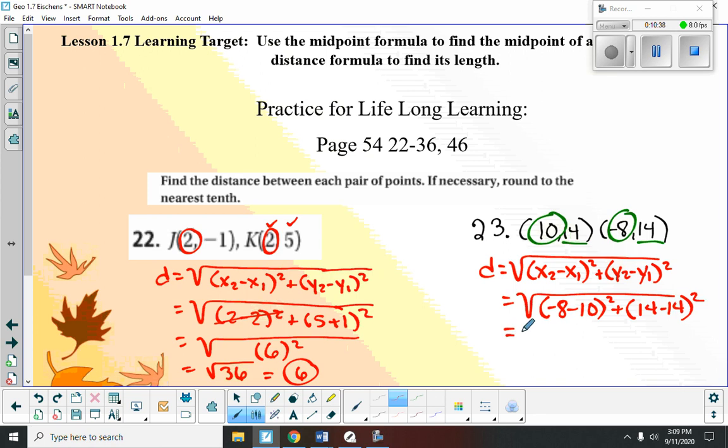So 14 minus 14 is 0, and when you square 0, you get 0. Now, these are both negative, so I'm going to keep the parentheses there, so that's negative 18 quantity squared, which is the square root of 324. Negative 18 squared is a positive 324, and the square root of 324 is just a positive 18.